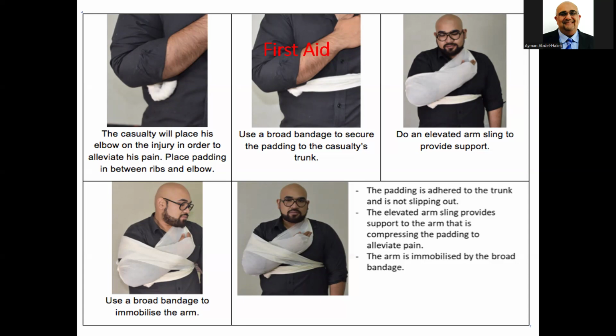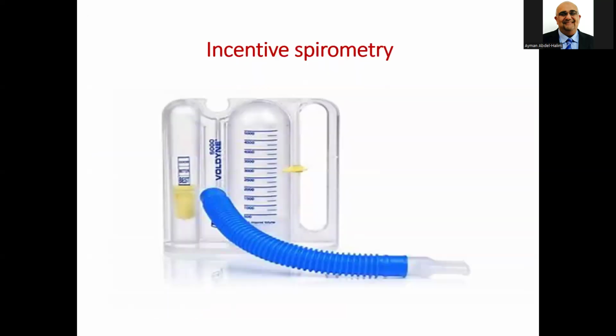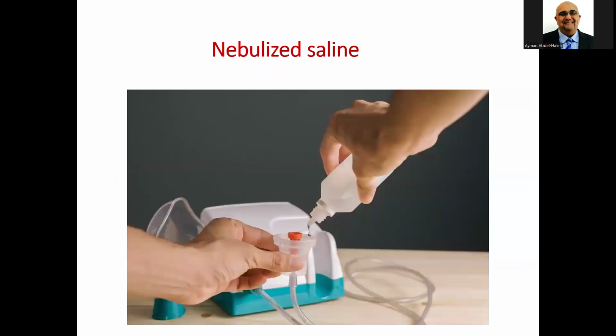You will not have all the complications that happen with rib fracture pain. So remember, with first aid, we need to stabilize the fractured segment. Also, incentive spirometry is very useful in these situations to help with the atelectasis, and nebulized saline to loosen up the secretions.